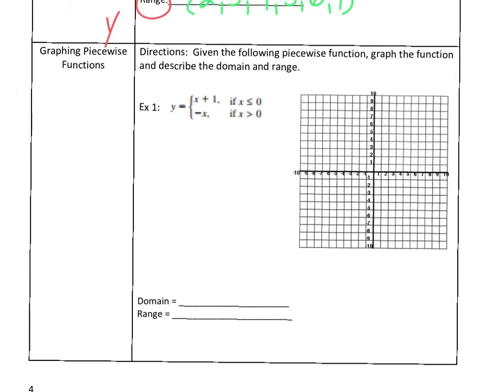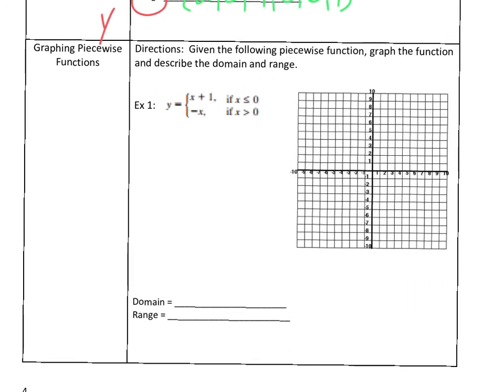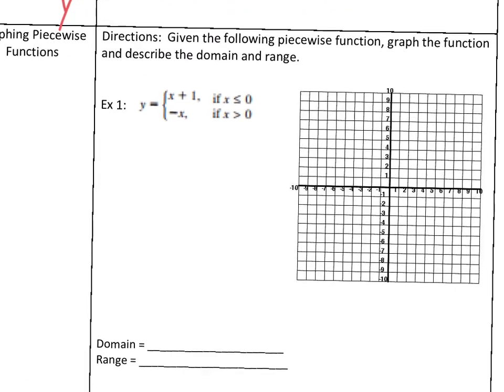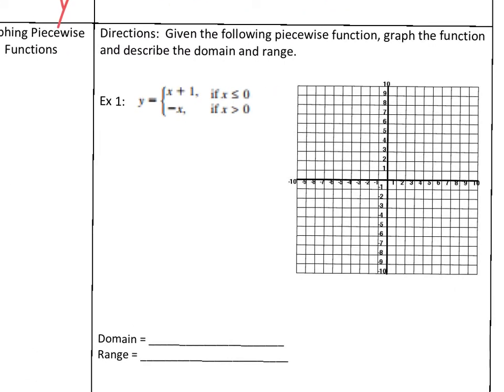Okay. Next up, we have graphing the piecewise functions, okay? So sometimes instead of giving us the graph and having us write the equation, they're going to give us the equation, and now we have to draw the graph. Okay, so it works the same way. The first thing I'm going to do is just divide this into the pieces, so work backwards here.